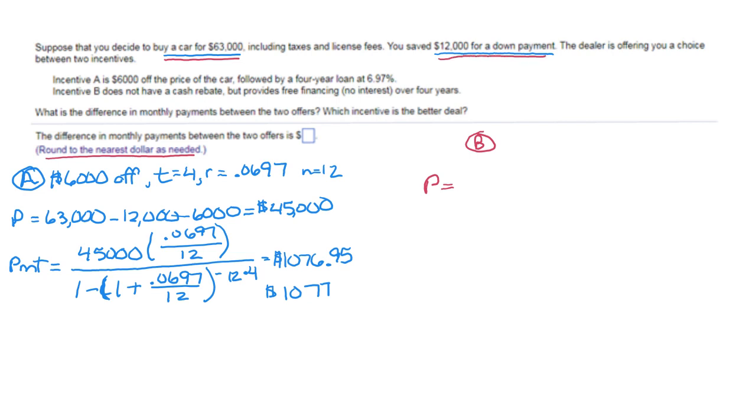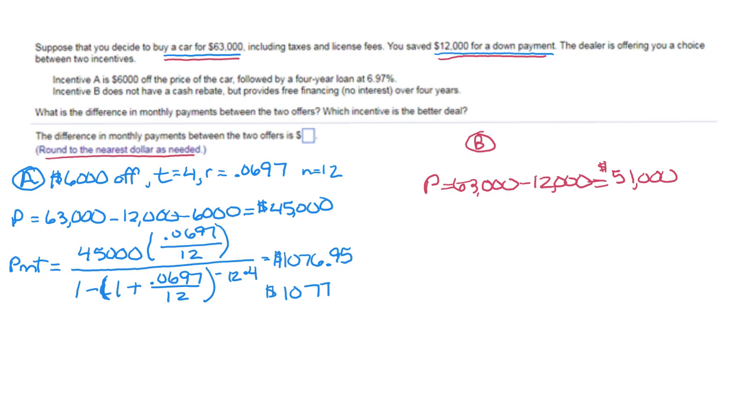Remember, we are still doing this down payment. So $63,000 minus $12,000, and that will give us $51,000. All right, so that is our P.